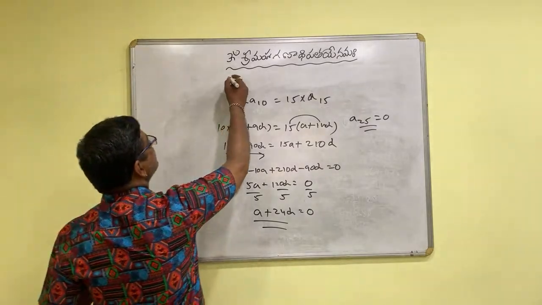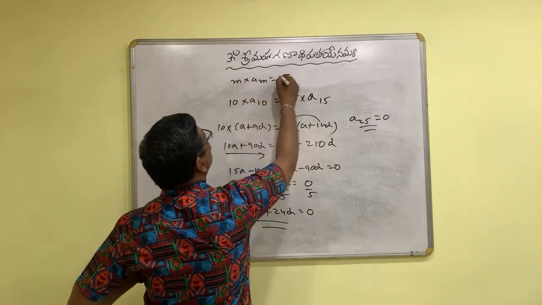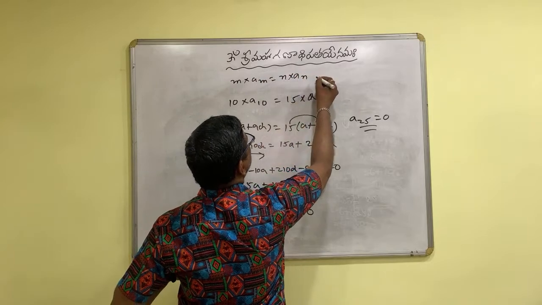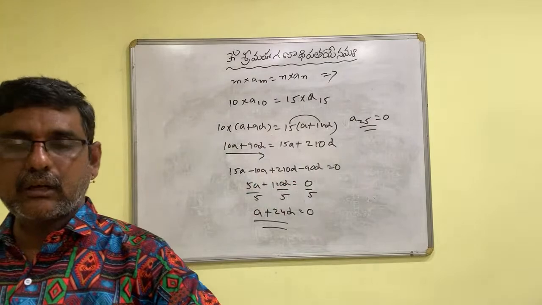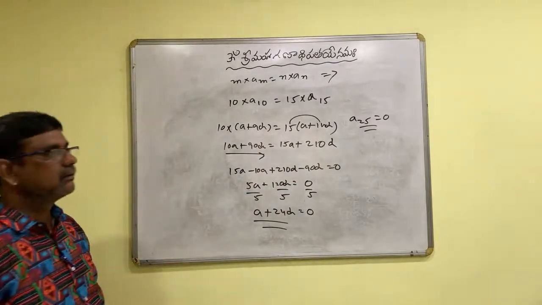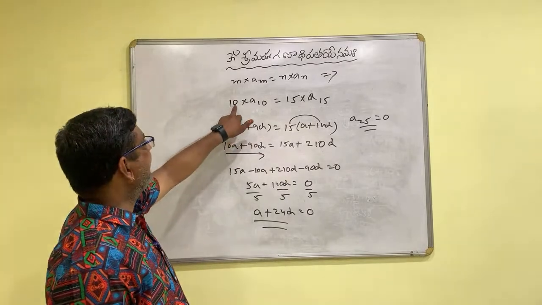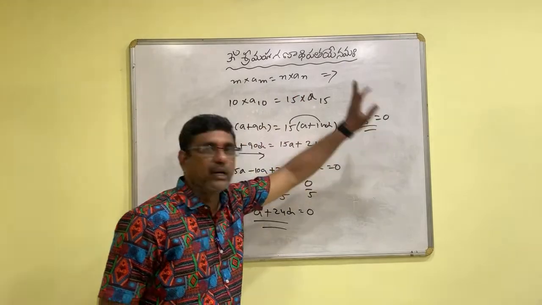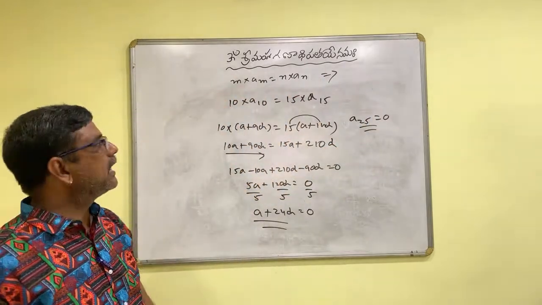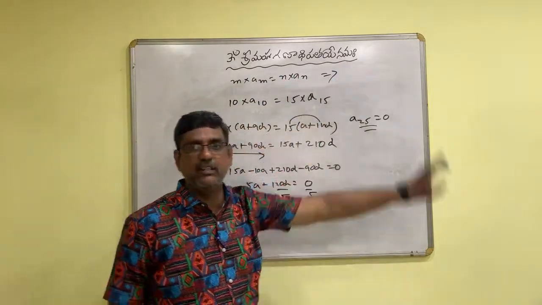Now, I am generalizing this one. M times the mth term equal to n times the nth term. Then what is your conclusion, children? I am generalizing this problem. 10 times the 10th term equal to 15 times the 15th term, then the 25th term is 0. Now you tell me, if m times the mth term equals n times the nth term, then what is your conclusion?